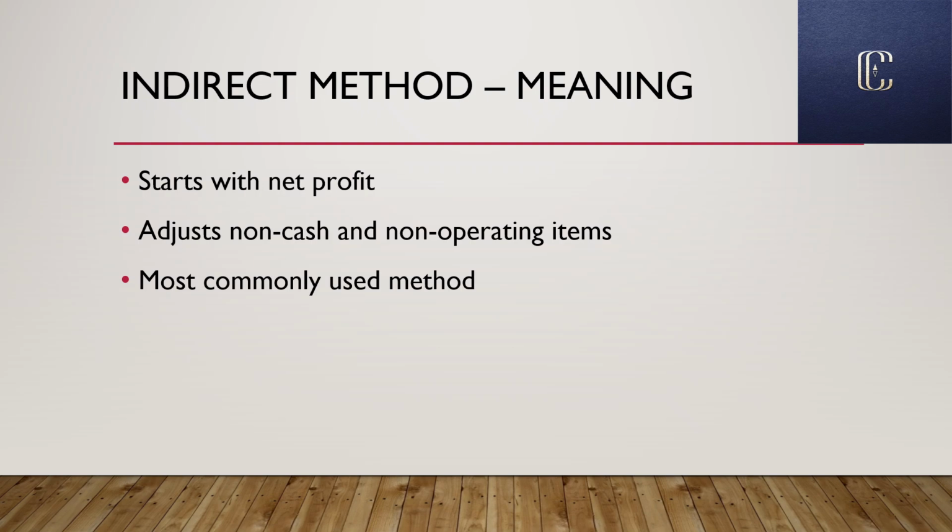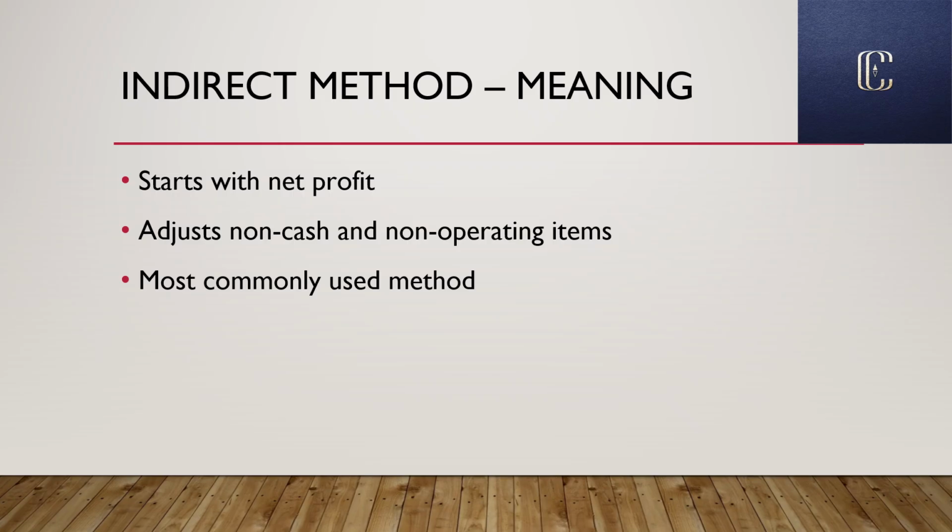The reason is it matches with accounting records. It is easy to prepare from profit and loss account. And accounting standard prefers this method. So in real corporate world, indirect method is the standard practice.